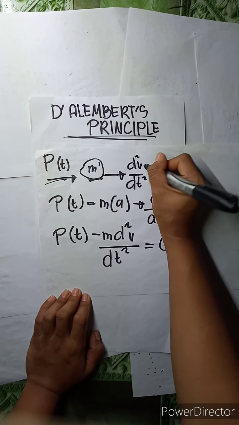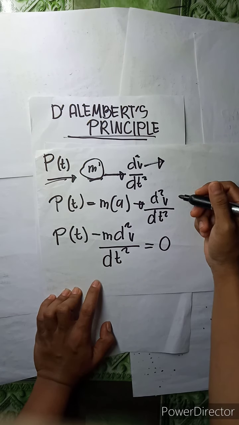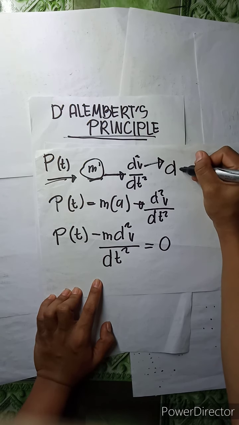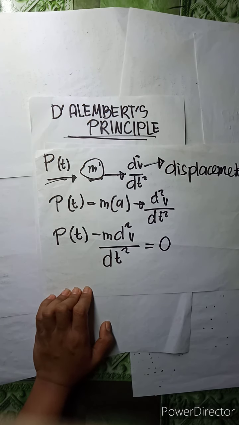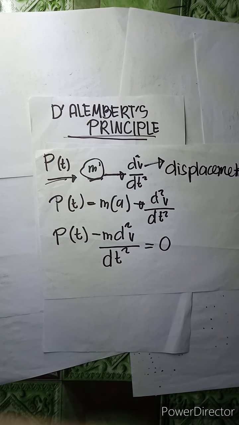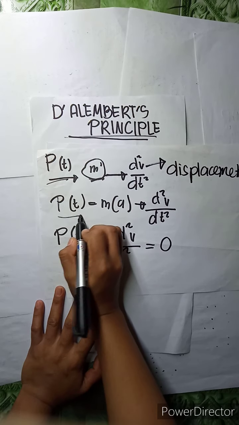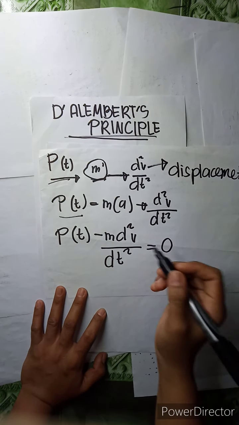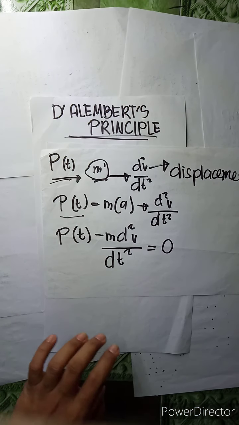So we know that this V is the displacement, and we can write this in an equation as P as a function of time is equal to mass times acceleration.